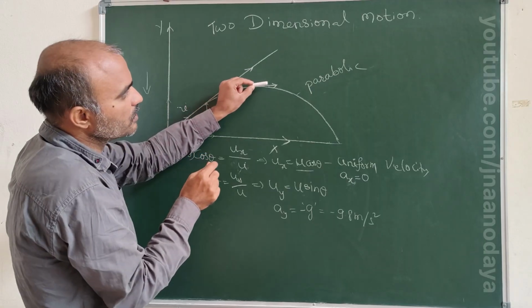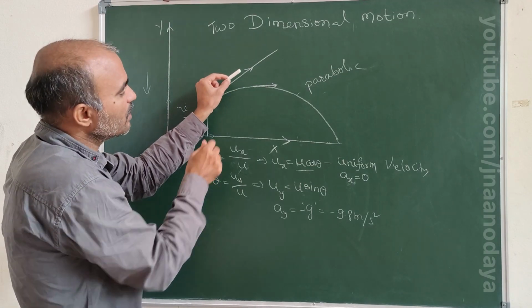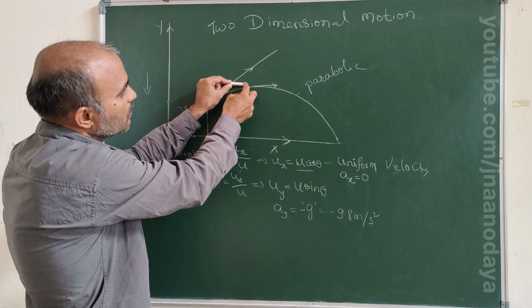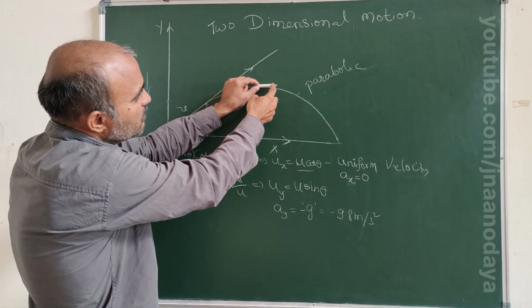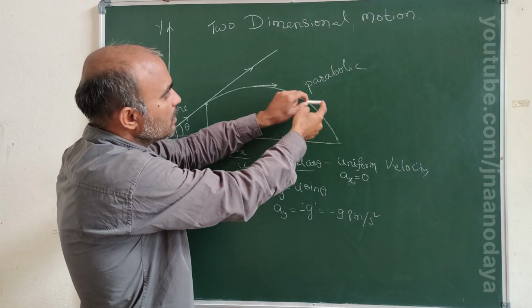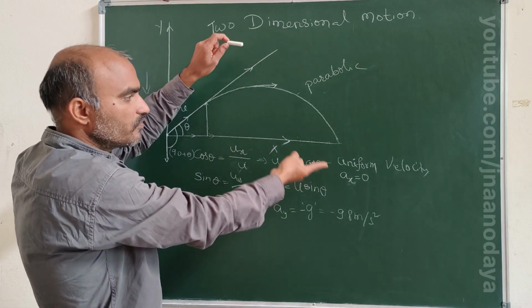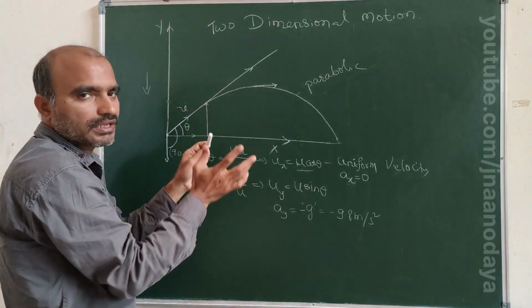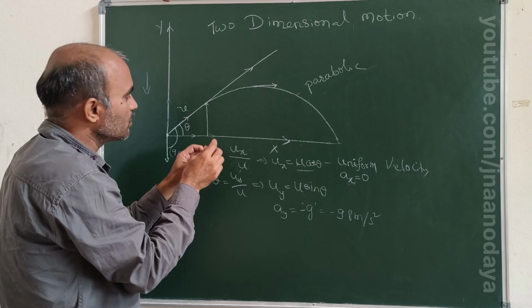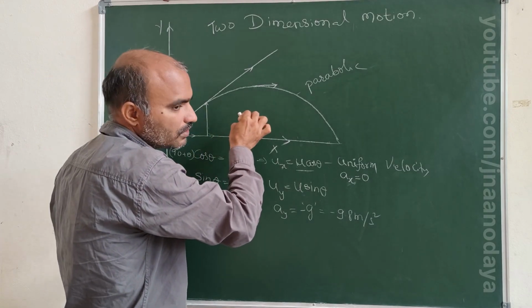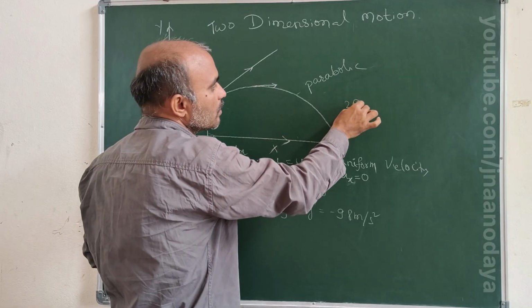Now here it became 0, means the velocity vector has rotated through the angle of theta, right? Again, as it reaches from this point to the final point, again it goes through an angle of theta, right? Because of the uniformity, air resistance is neglected, right? So nothing but the velocity vector totally turns through an angle of 2 theta, right?